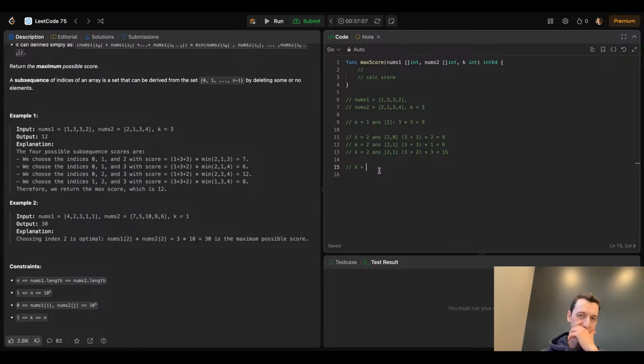Jeez, that's a tricky problem. 40 minutes. So their priority stops on the left side. You want to have them as big as possible.